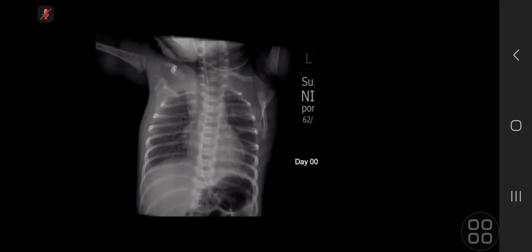There's no pleural effusions or pneumothorax. Differentials for this again could be hyaline membrane disease or complications of it, such as chronic lung dysplasia if the patient's slightly older.